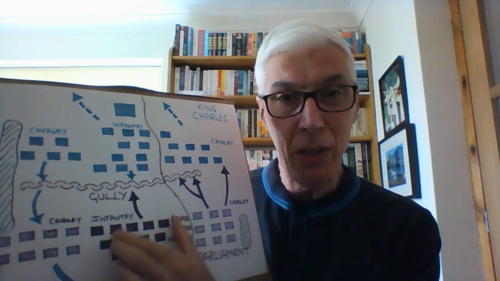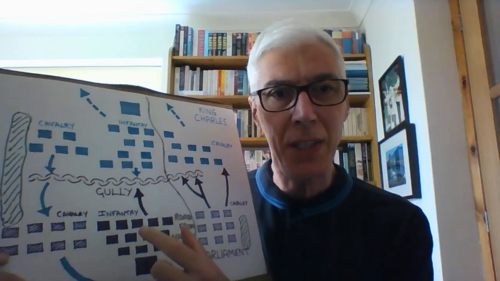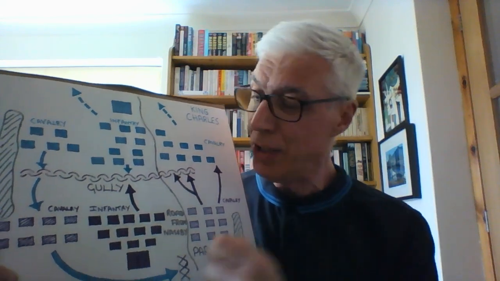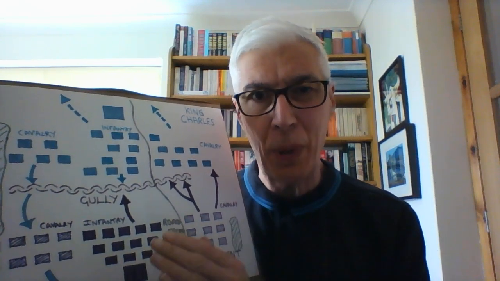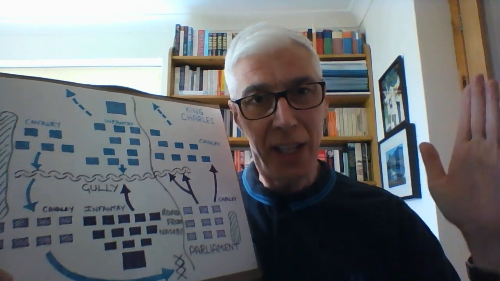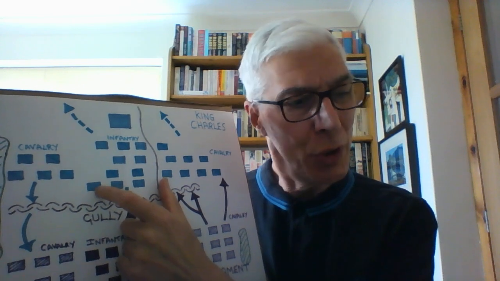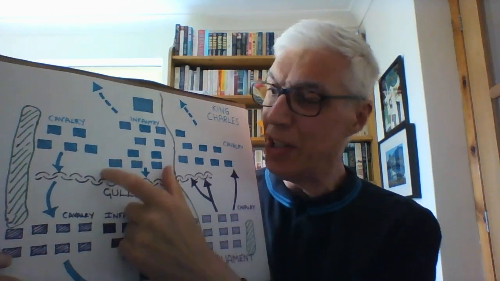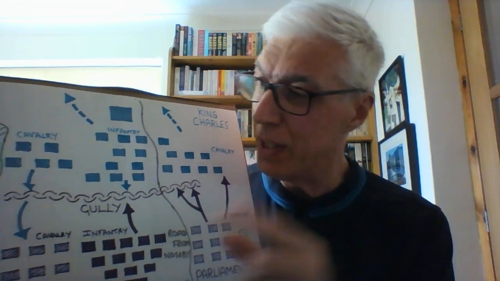When they get too close to actually fire their muskets, they indulge in hand-to-hand fighting, either using the butt of their musket to hit each other with, and then the pikemen come in. If you remember a tactic called push-off pike, they put their pikes in the air and basically pushed each other. The king's infantry were very experienced, and they begin to gain the upper hand. So things are going well for the king at first.